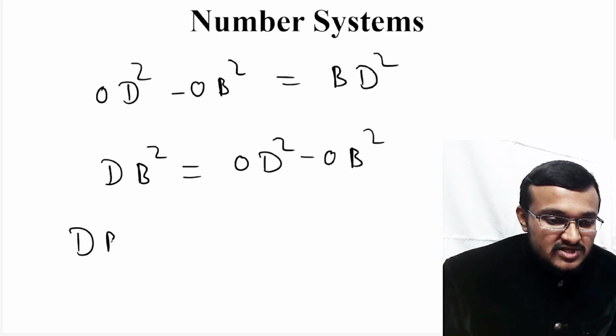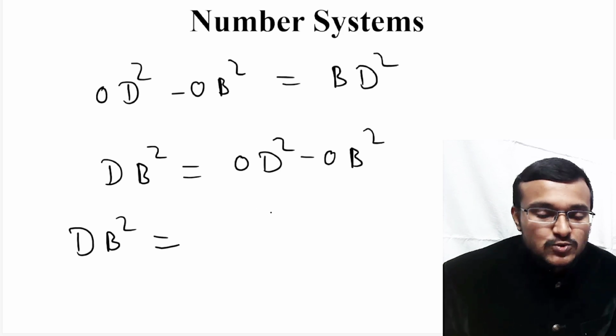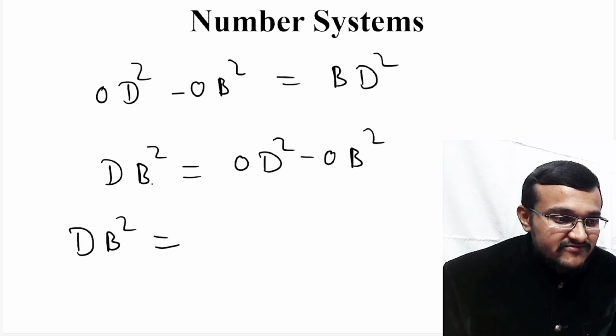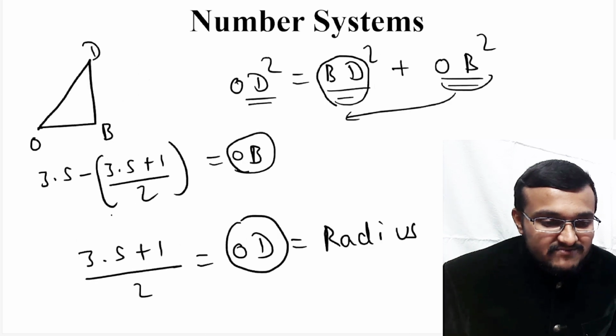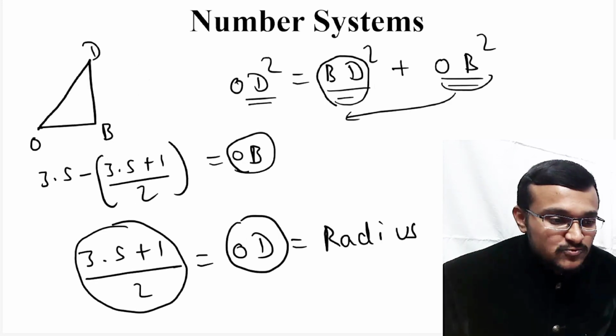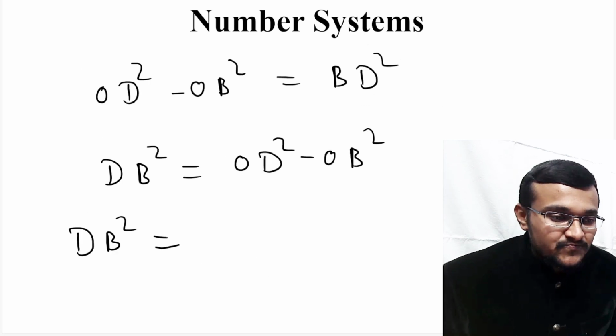OD square is the radius squared, and we have taken OD as (3.5 plus 1) divided by 2.